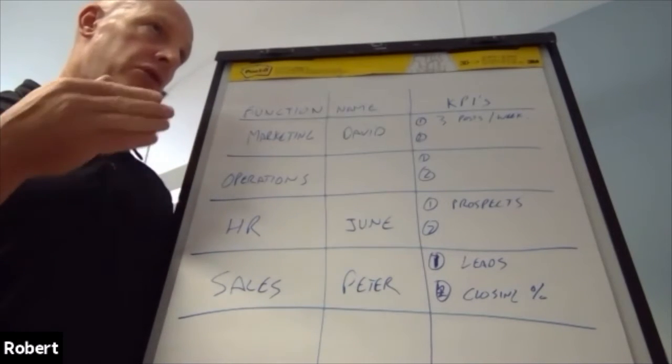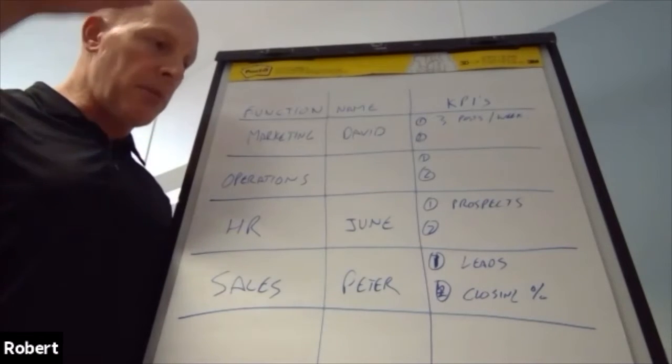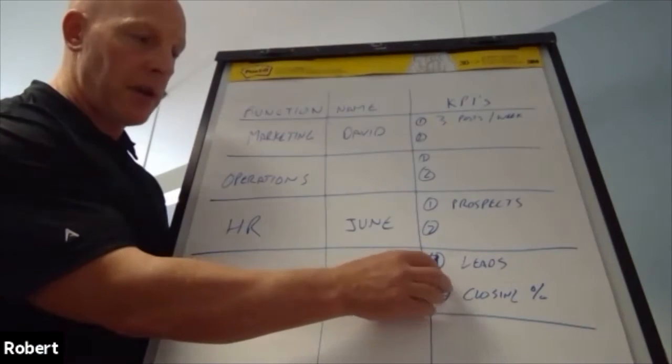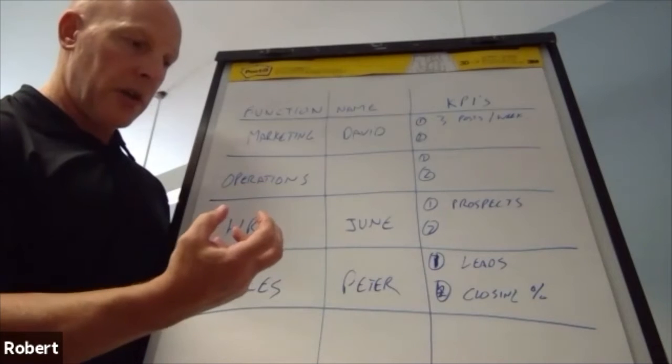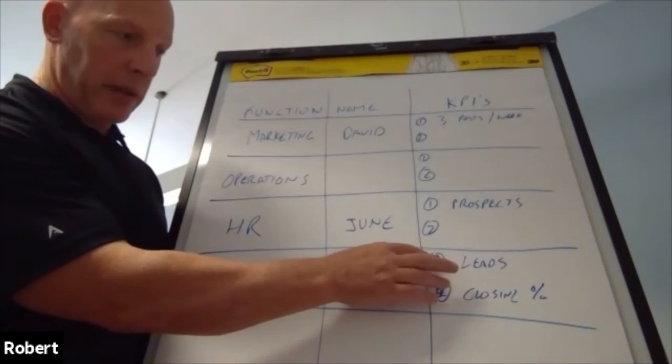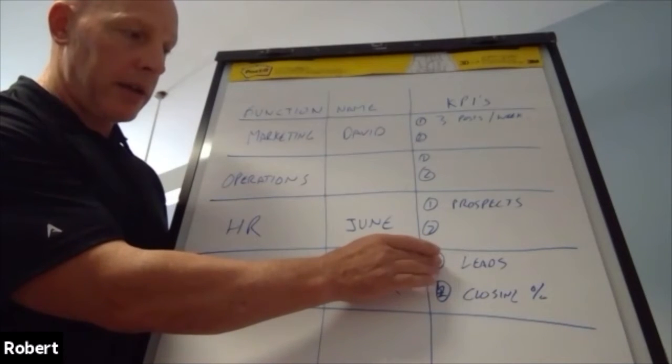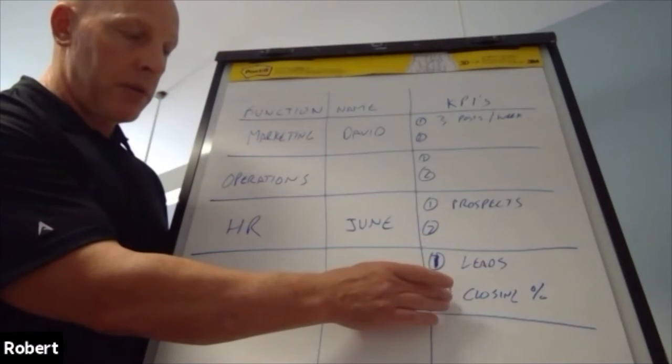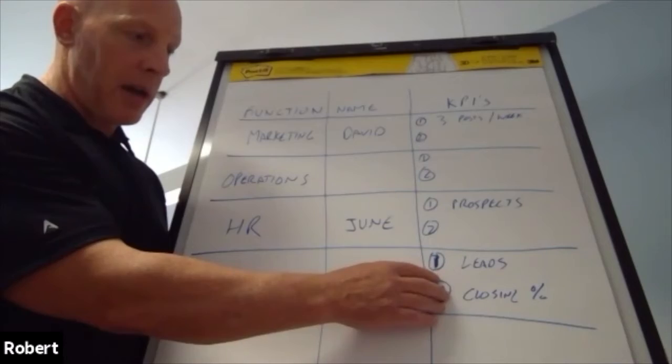Unless you're doing that 2 or 3 months in advance, it's going to affect how many solid hot leads you have in place. So you typically want one leading KPI, and then maybe one or 2 lagging KPIs.